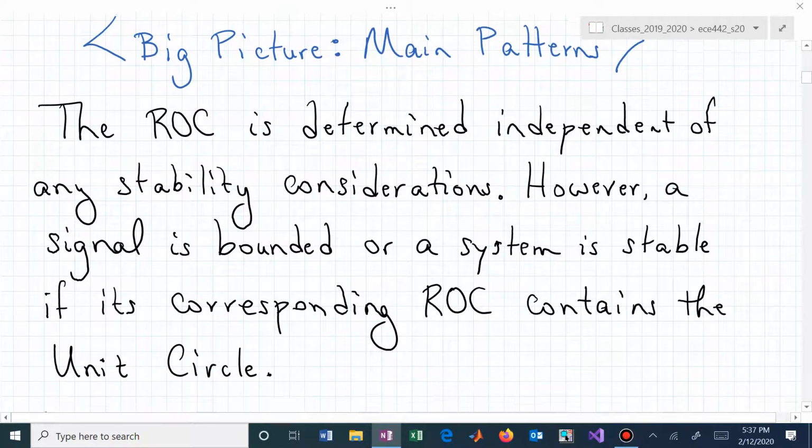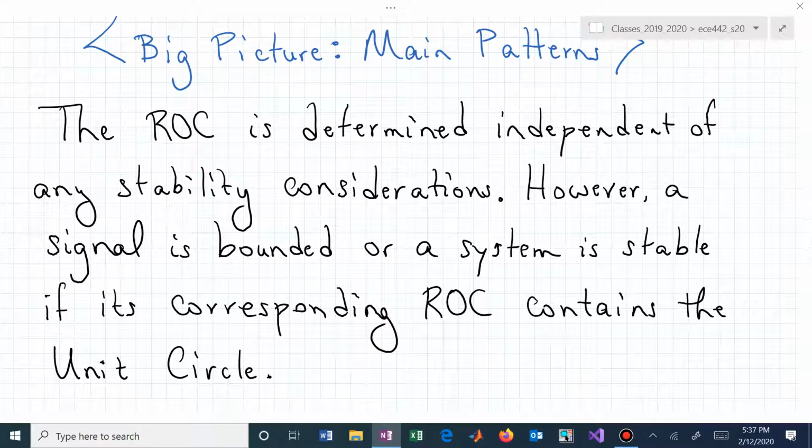Here's what I hope that you take from this first paragraph: the region of convergence is separate from whether or not the sequence in time is bounded or unbounded. And we will actually talk about an unbounded region of convergence. That's not the same as an unbounded sequence in time.